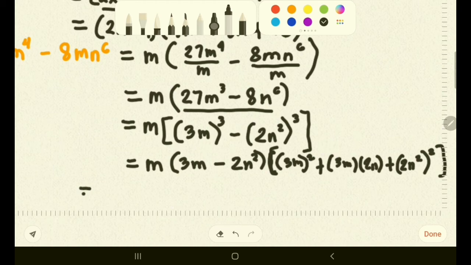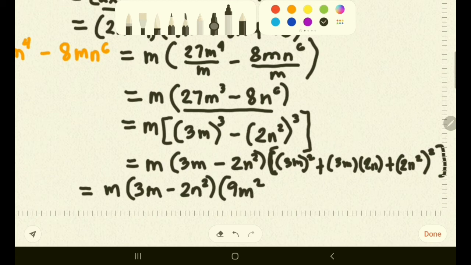Okay, so simplify. M times 3m minus 2n squared. Square of 3m, that is 9m squared. You multiply 3m times 2n squared, that is 6mn squared, plus square of 2n squared, that is 4n to the power of 4.